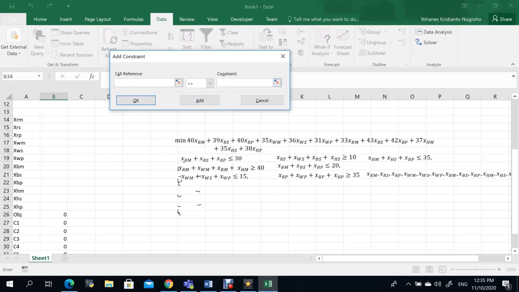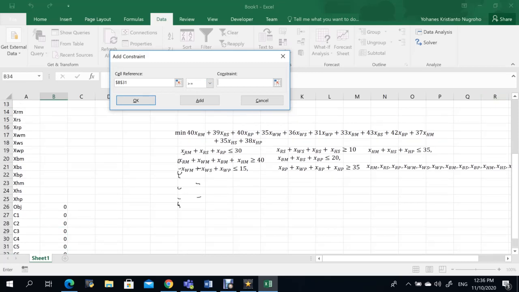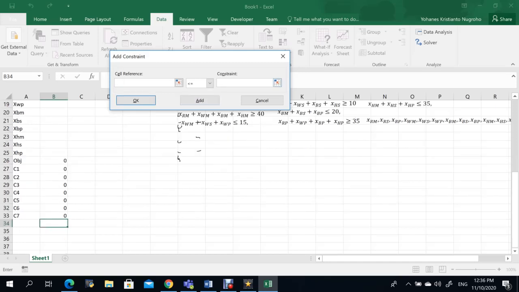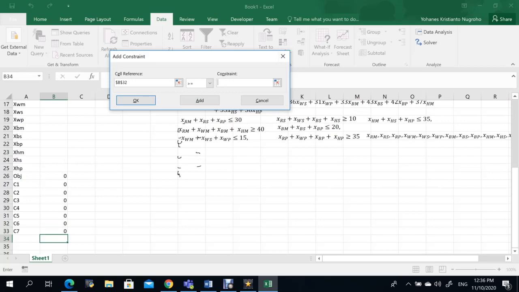And then we have demand constraint, constraint number 5, should be higher or equal to, here XRM 40. And the next constraint, constraint number 6, should be higher or equal to here equal to 10, right? XRS, yeah.